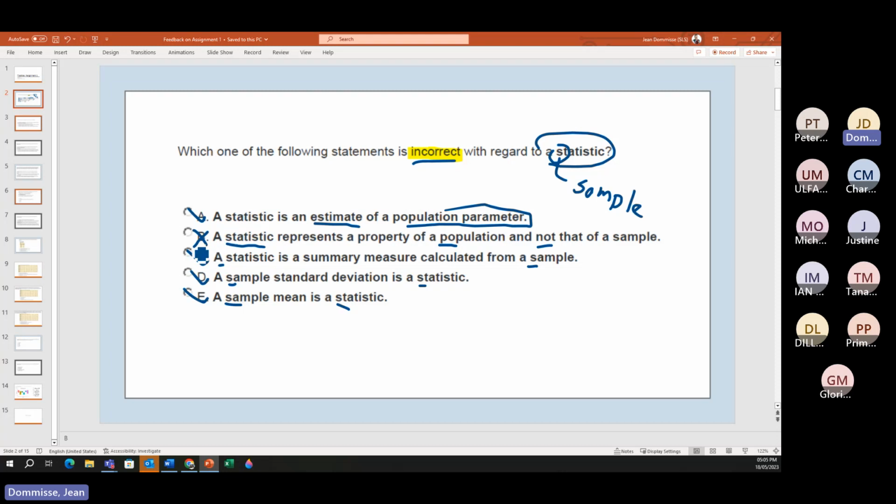So the one that was incorrect is that a statistic represents a property of a population and not a sample, but it actually does represent a property of a sample.